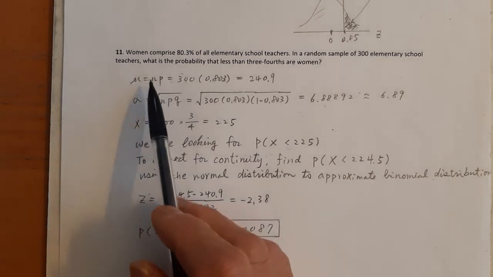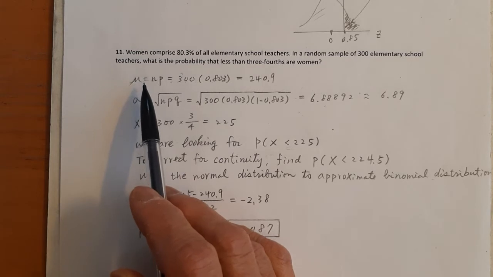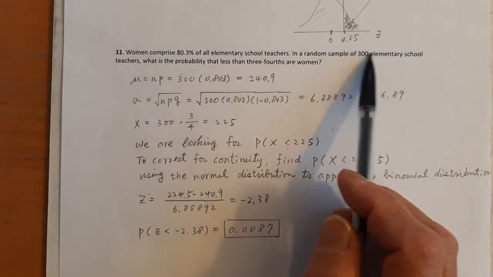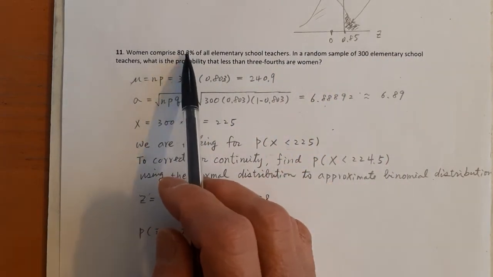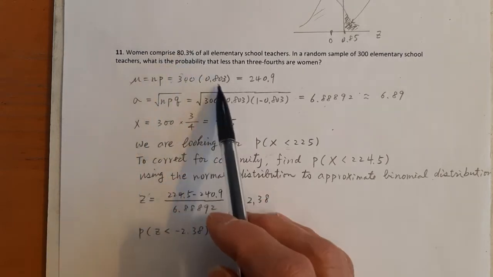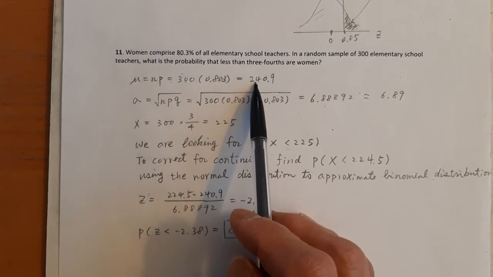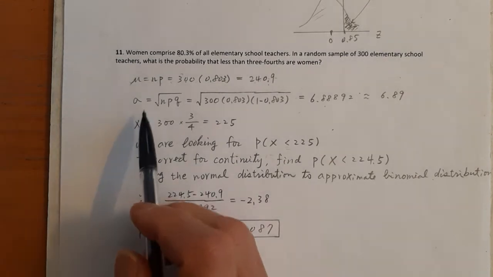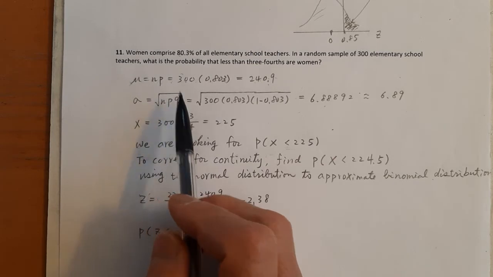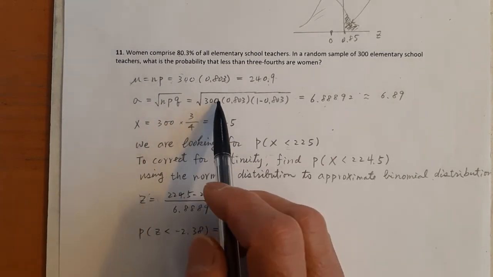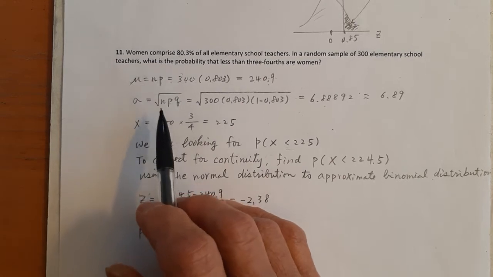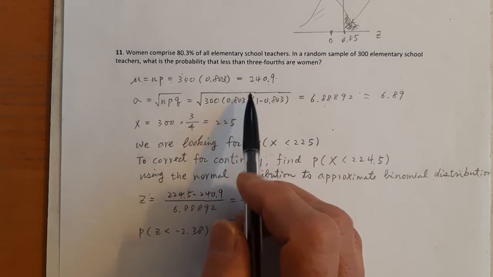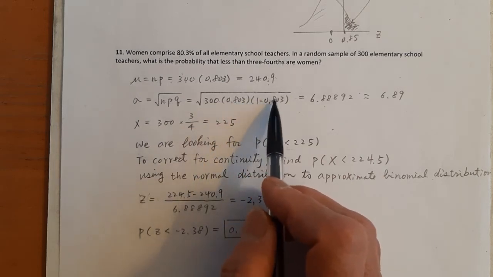The mean is N times P: 300 times 0.803 is 240.9 female teachers. The standard deviation is the square root of NPQ: N is 300, P is 0.803, Q is 1 minus 0.803.